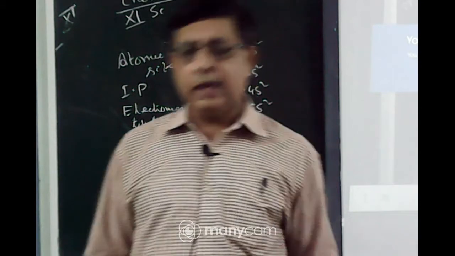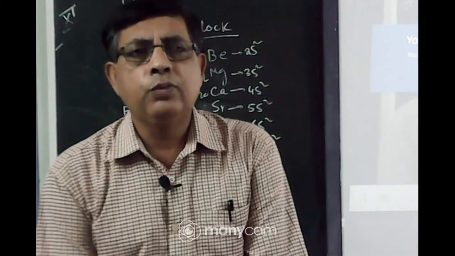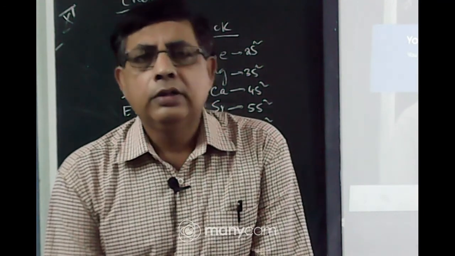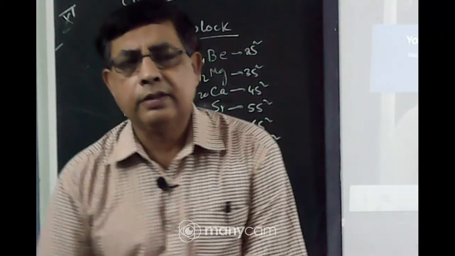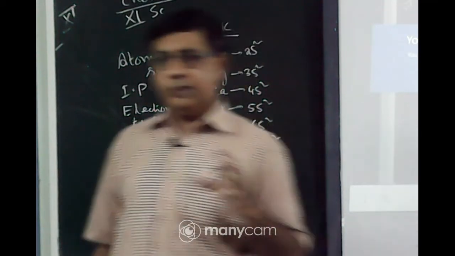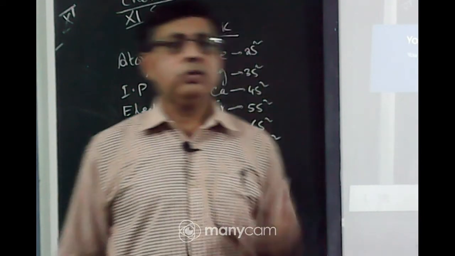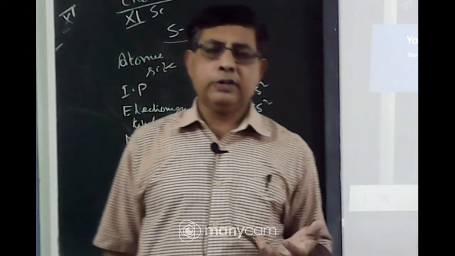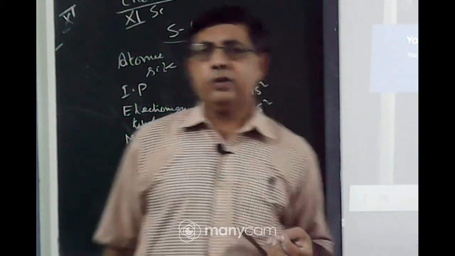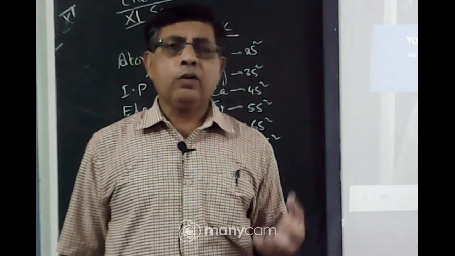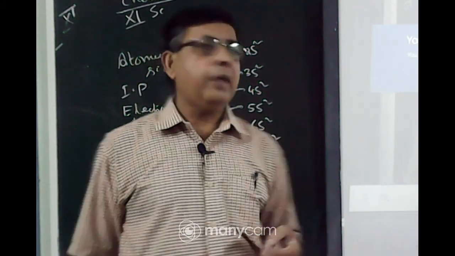They cannot be cut with a knife because they have two valence electrons. Due to the increase in the number of valence electrons, the strength of the metallic bond increases. The strength of the metallic bond depends upon the number of valence electrons. The greater the number of valence electrons, the stronger the metallic bond, and due to the greater metallic bond strength, they are harder metals with a high melting point as compared to alkali metals.